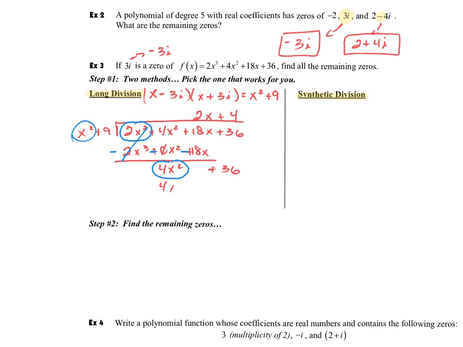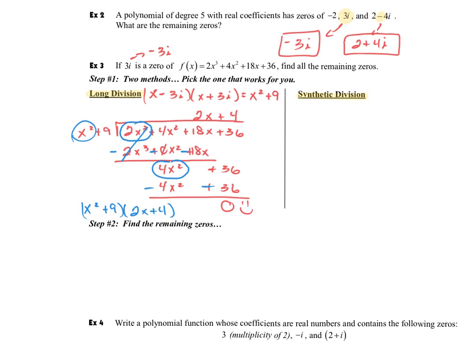So I get 4x squared plus 36. When I subtract these, everything cancels out, and we get that remainder of 0 just like we wanted. So this problem then can be written as my x squared plus my 9 and my 2x plus 4.